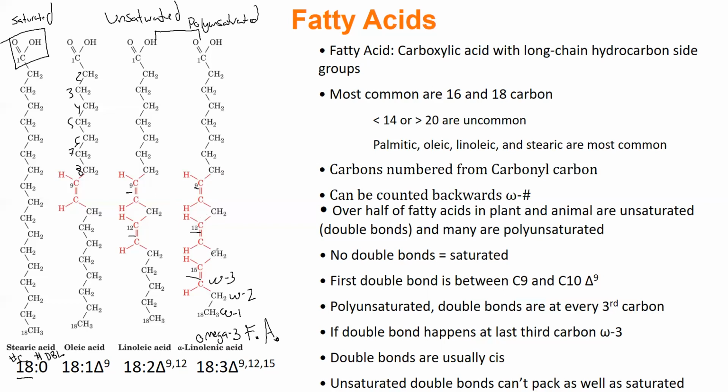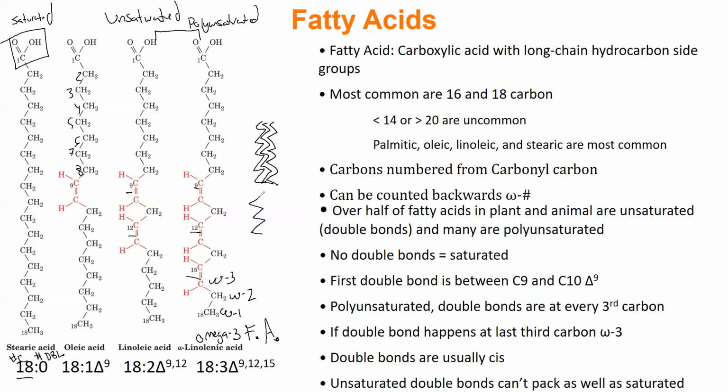And like we're going to look at, when you have these unsaturated fatty acids, it's much harder to pack them together. What I mean by that is if I was just looking at a saturated fatty acid, the tails of the saturated fatty acid could line up like this. They would line up almost perfectly, which means that they will stick together and are more likely to form a solid.